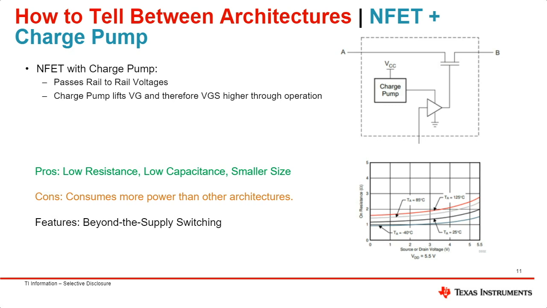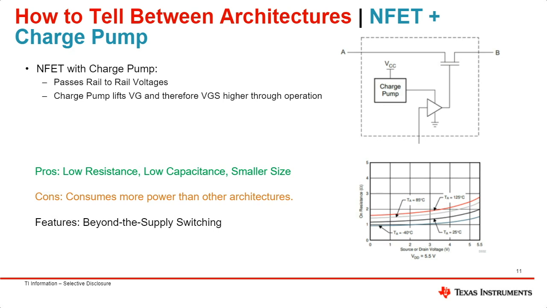As you can see here at the bottom, the R-on curve is much flatter. So the R-on itself is lower, even though it increases a little bit with voltage, it is much lower. Cons, though: it consumes more power than other architectures due to the charge pump in the architecture.